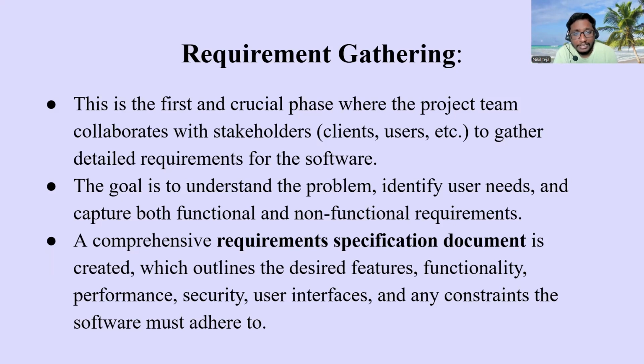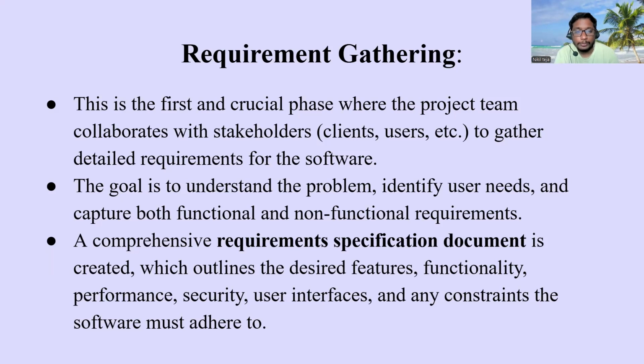So in the requirement gathering, the goal is to understand the problem of the client, and we have to analyze and give the solution to the client so that he can approve the solution, so that we can make the implementation with the help of the solution team. So that is about the requirement gathering step. In this step, a comprehensive requirement specification document is created which outlines the desired features, as the client said.